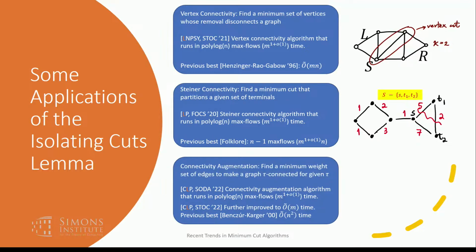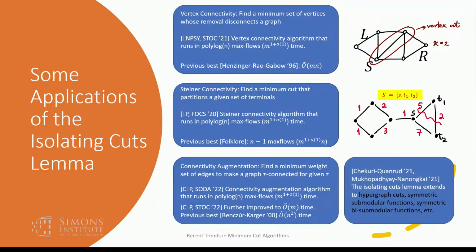Since then, we further improved it to near linear time, independent of max flow and also of isolating cuts. Finally, in other work that's not my own, isolating cuts have been extended to more general settings, for example hypergraphs, symmetric submodular functions, and so on.